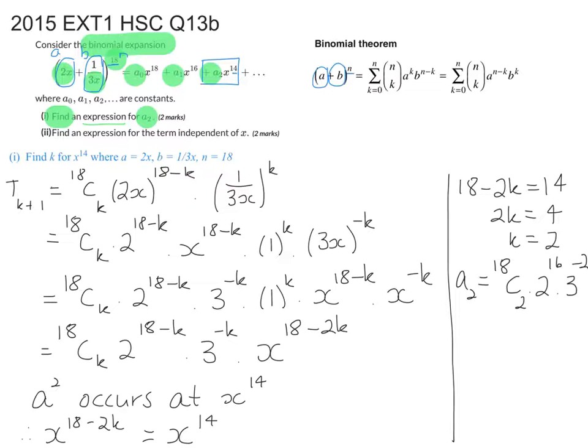And as it asks for an expression rather than a numerical value, it's fine for us to leave it in this combination format. We should use the notation that the reference sheet uses though. So we have 18 choose 2 times 2 to the power of 16 all over 3 to the power of 2.